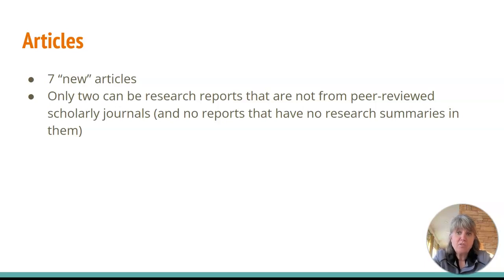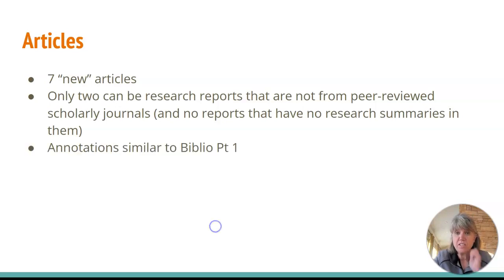Those are research reports, so they can be included in an annotated bibliography, but they are not scholarly and peer-reviewed, and so only 2 of the 7 can be that kind. If it's not about research at all, if it's just a report, you don't want to include it. It has to have some degree of talking about a study or research that it's done.